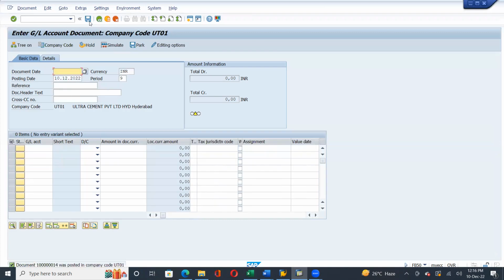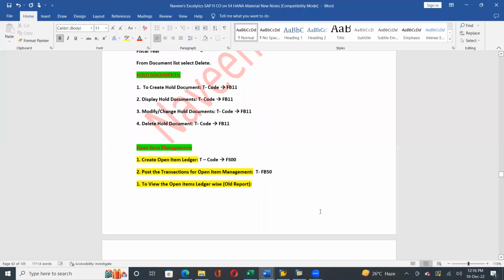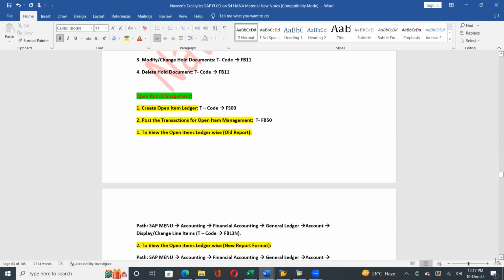Okay, so now we will see the GL line items. Next step, reports.